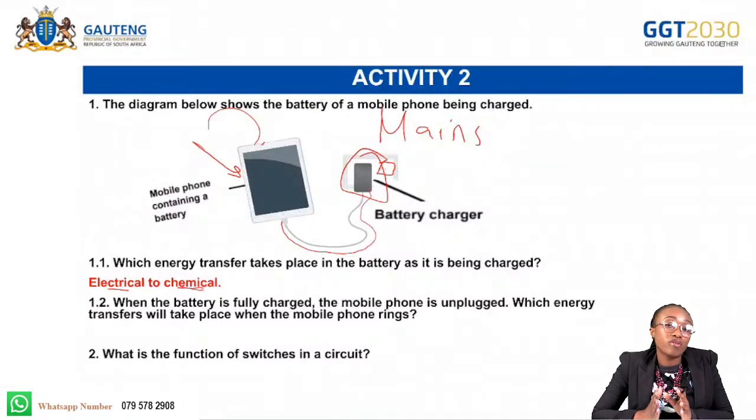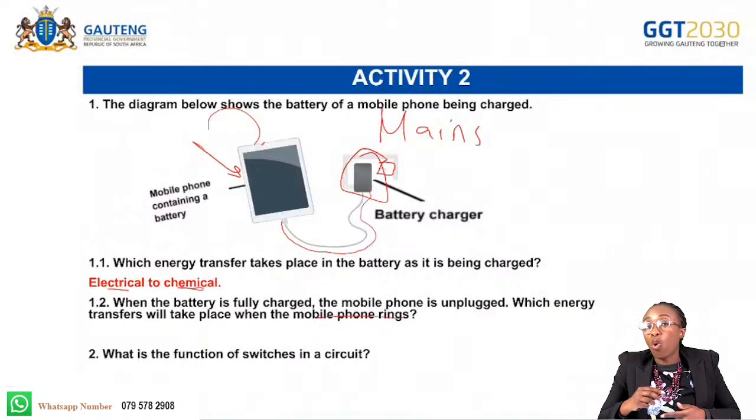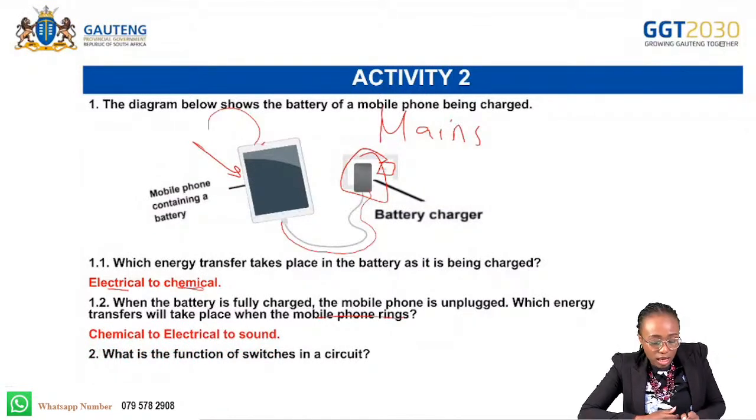Then what happens next is the mobile phone rings. So which energy transfers have taken place in this case? It is chemical. Remember, energy was stored in the mobile phone battery, in the form of chemical energy.